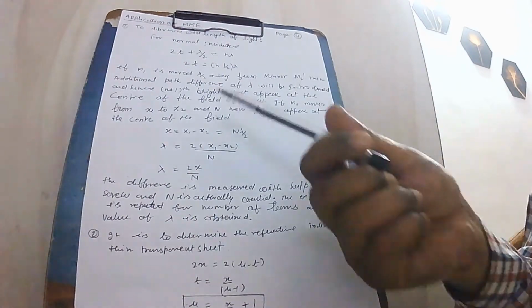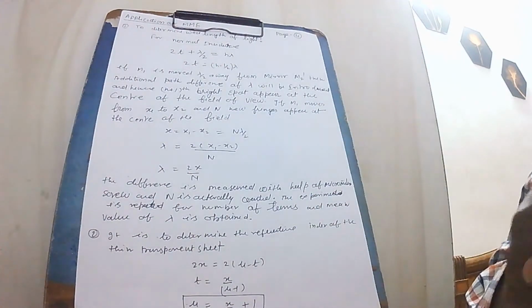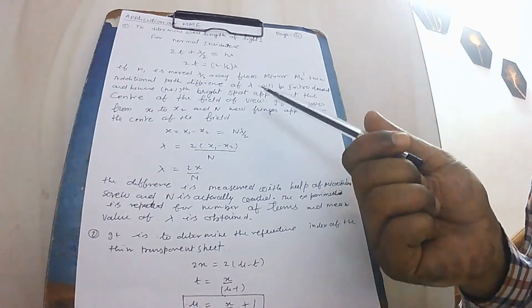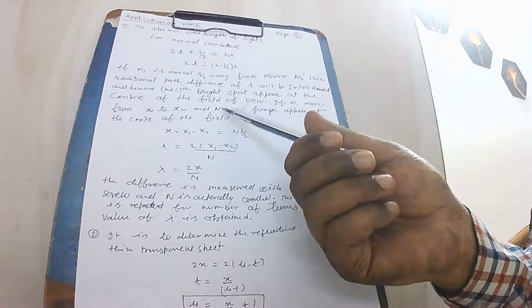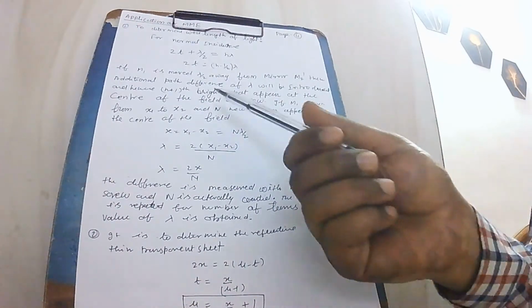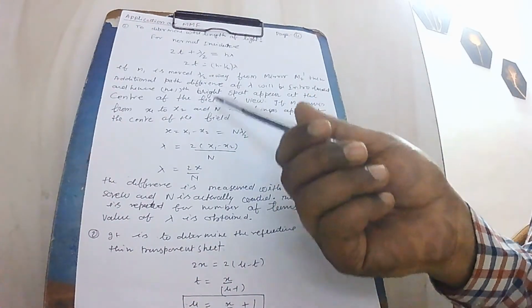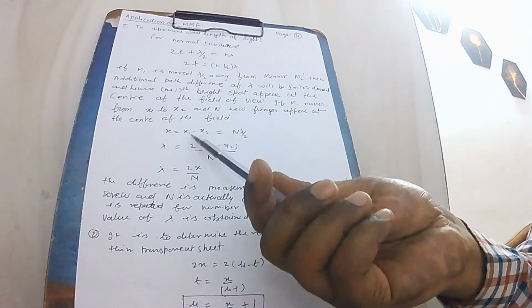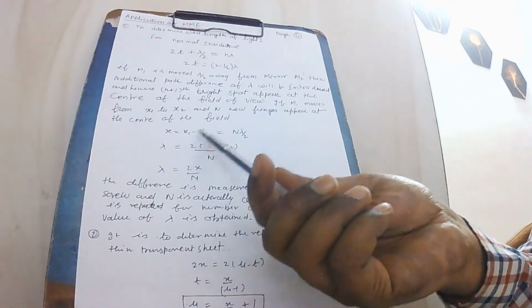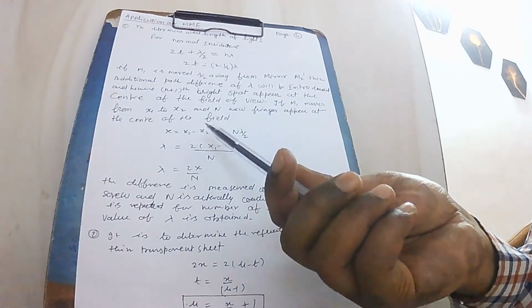At the center of the field of view, if M1 moves from X1 to X2, we see that n fringes disappear and new fringes appear at the center of the field of view. This X1 minus X2 is measured with the help of a micrometer.